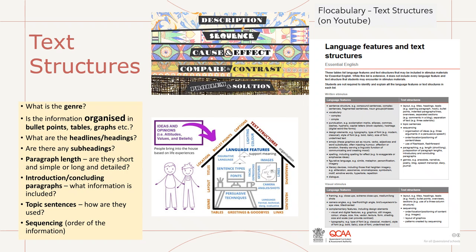Knowing what the genre is, thinking about how information is organized, looking for bold and what that may be, whether it's headings, subheadings, etc., are so important for things like articles, blog posts, etc. Meanwhile, paragraph lengths and types of paragraphs like introductions, conclusions, they're fantastic for persuasive pieces, even letters and blog posts. And again, I come back to this image here in the middle, which has them perfectly in orange.